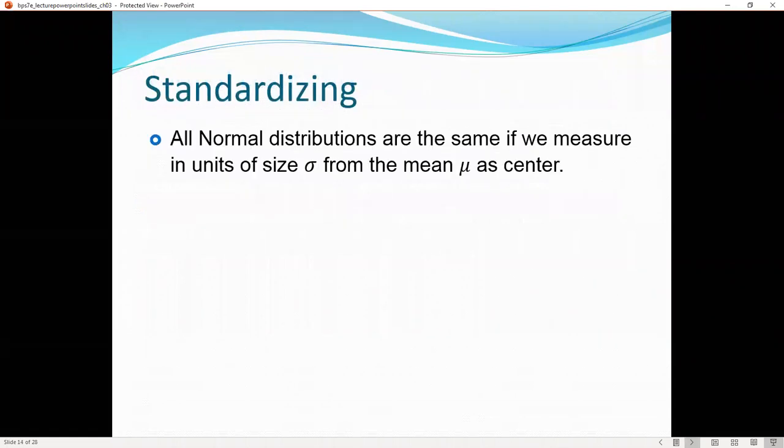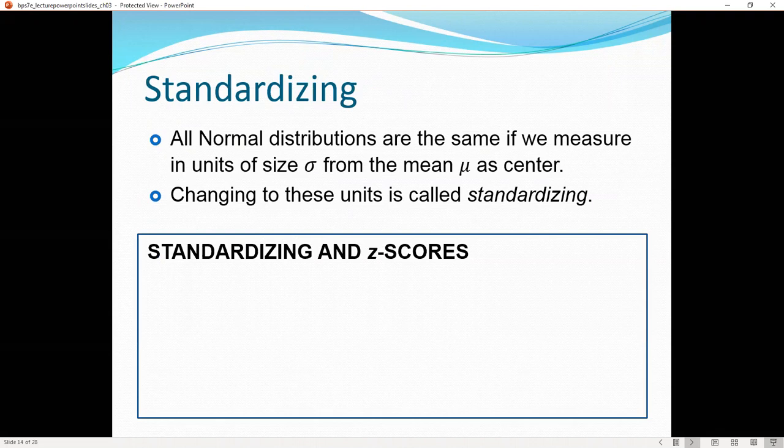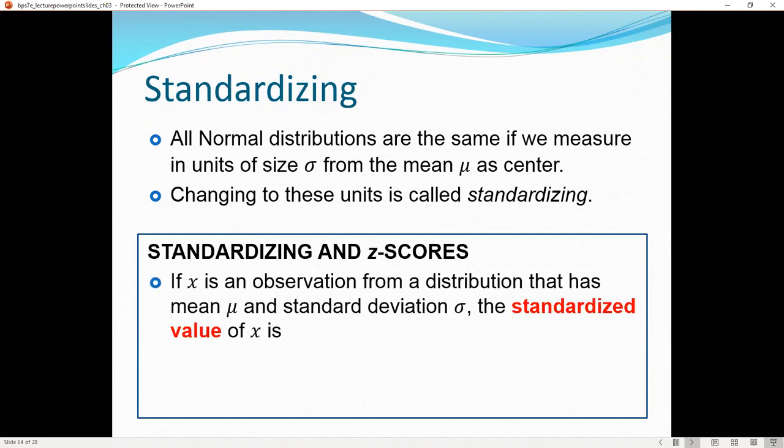All normal distributions are the same if we measure the units of size sigma from the mean mu as center. Changing to these units is called standardizing. Standardizing and z-scores.